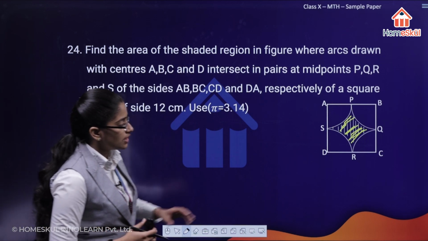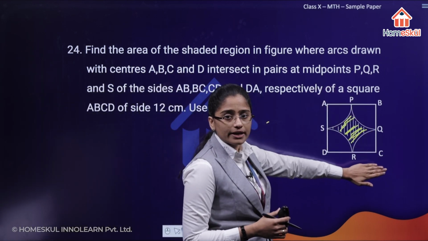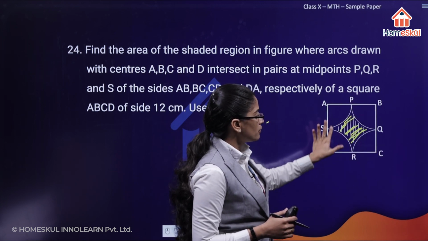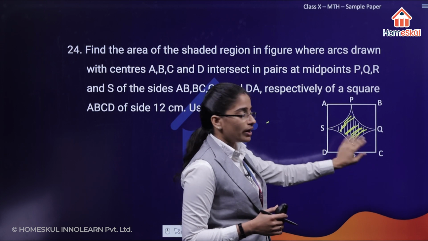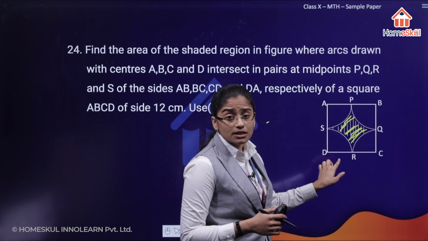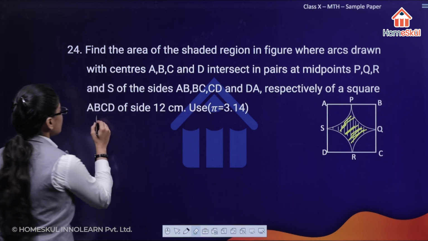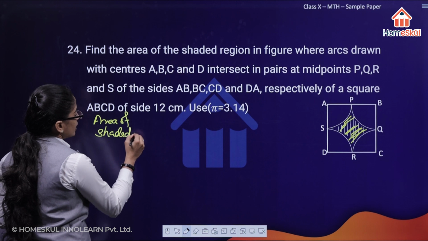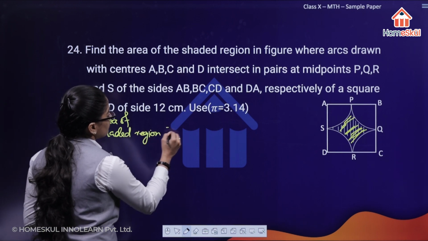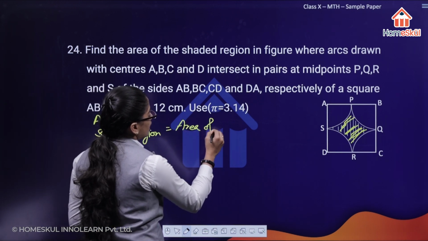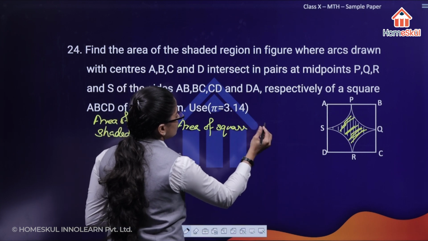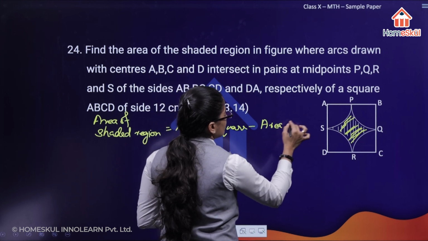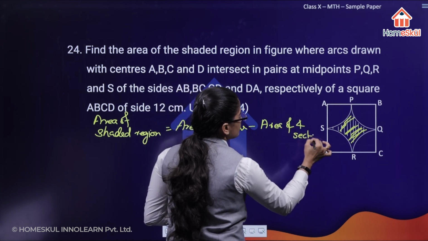The area of the shaded portion is equal to the area of the square minus the area of these 4 sectors, correct?